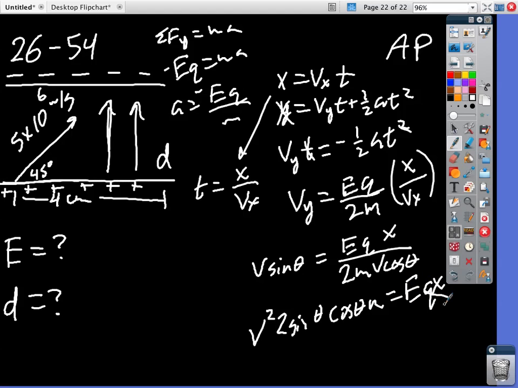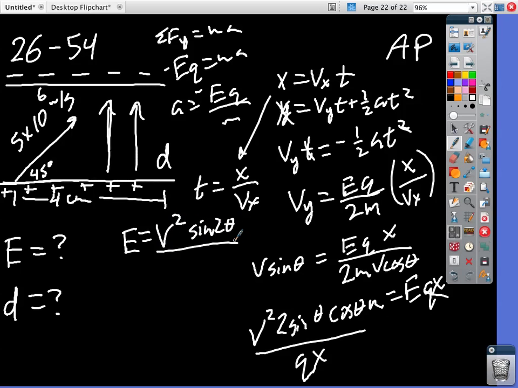Then I can divide both sides by QX, and so I get my equation for E as V squared sine 2 theta over QX. Since theta is 45, sine 2 theta becomes 1. So I take V squared over Q and X. What's X? X is 0.04, because it's the distance where it went boom and hit over there.